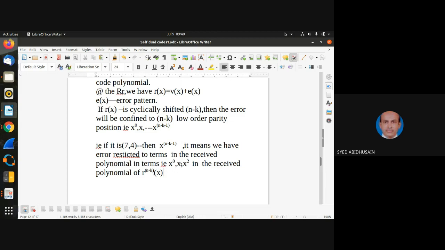So if you put it as 7 minus 4, it is 3. R raised to 3 of x. So up to this position, it will be there in the received polynomial, that is this, and these 3 terms.